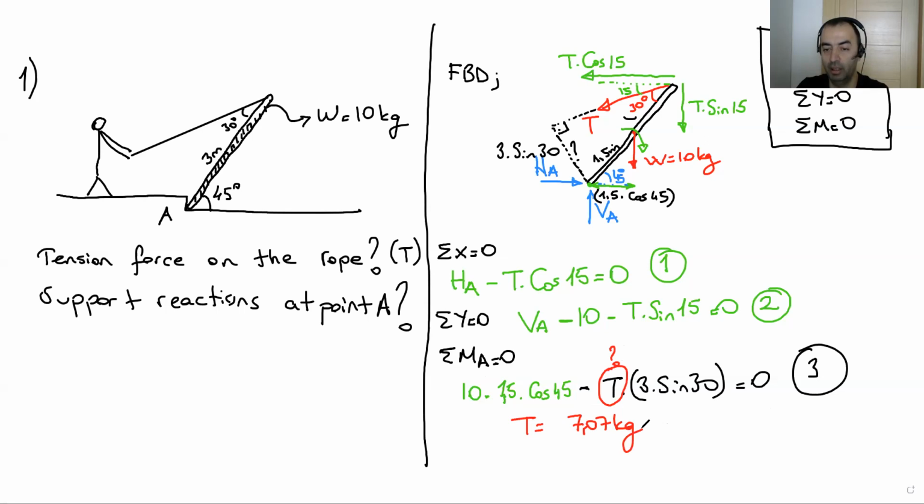If we know T, we can solve all the other equations. Let's jump up to the second equation. There are 2 unknowns in this equation, but we now know T, which is 7.07. If we put this number in the equation, we get only one unknown. So if you solve this equation, VA is, let me check the VA.